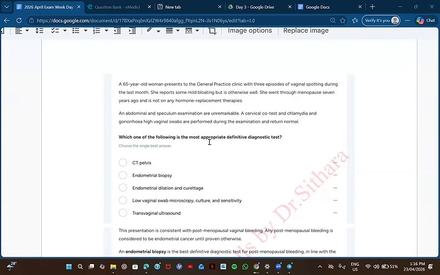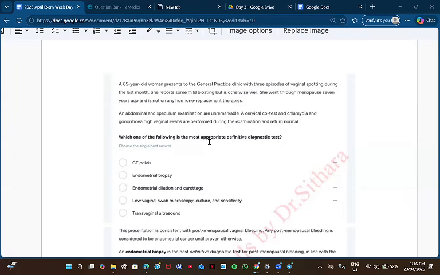Yes, doctor, if the core test hasn't been done, initially we can do the core test. But if they have asked for the definitive one, always go with what? Biopsy. Very important. Even in that question, they mentioned regardless of the core test, we have to refer to the gynecologist, right? You should not wait for the core test result.